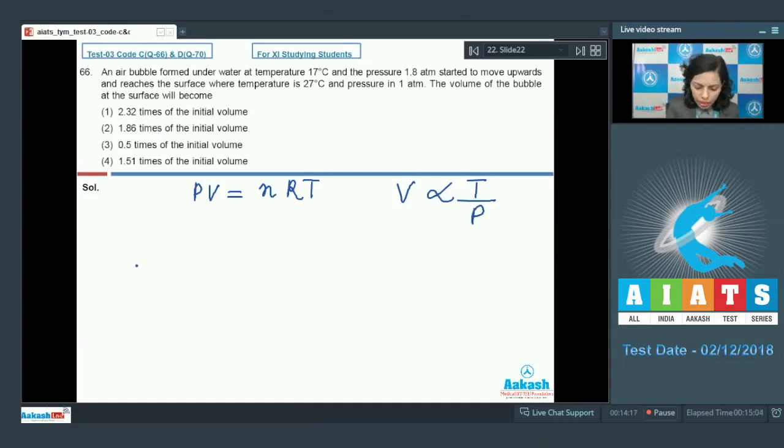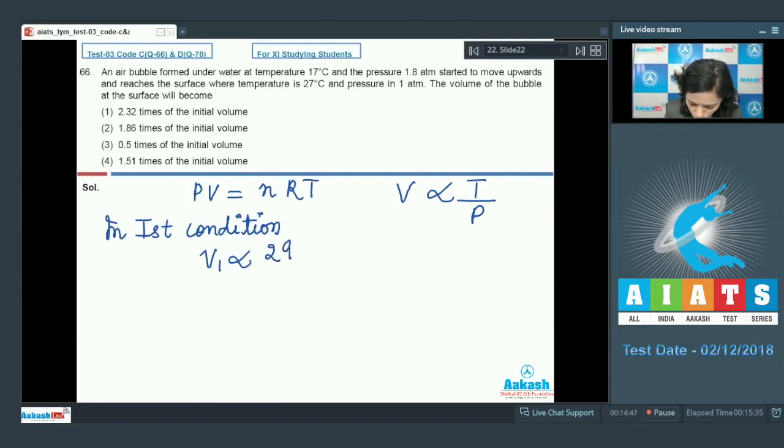Suppose I'm talking about the first condition, when the bubble was underwater, when the temperature was 17 degrees Celsius and the pressure was 1.8 atmosphere, more pressure was there. So V1 in that condition is directly proportional to the temperature, that is 17 plus 273, it would be 290, divided by pressure, that is 1.8 atmosphere.